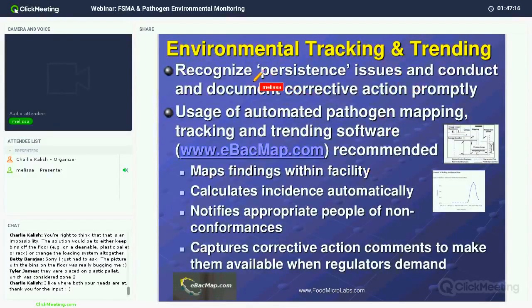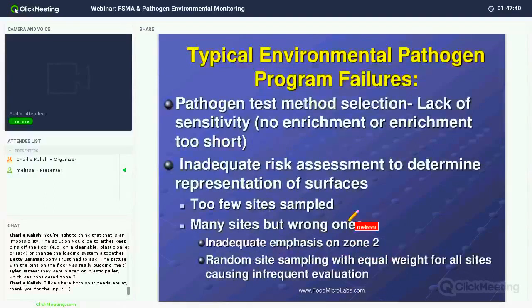FDA again looks at persistence of pathogens. There is automated software for bacterial pathogen mapping, tracking, and trending, like ebacmap.com, which gives you maps, incidence reporting, and corrective action commentary that's available when the FDA demands it, when they're verifying your conformance to the rule.